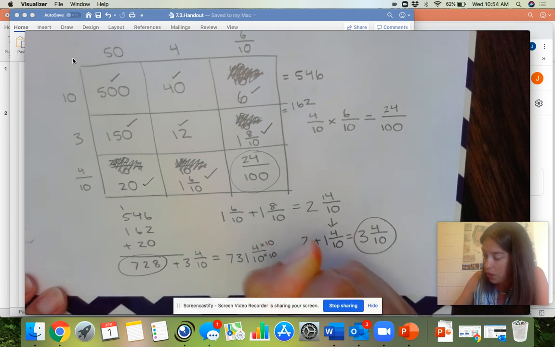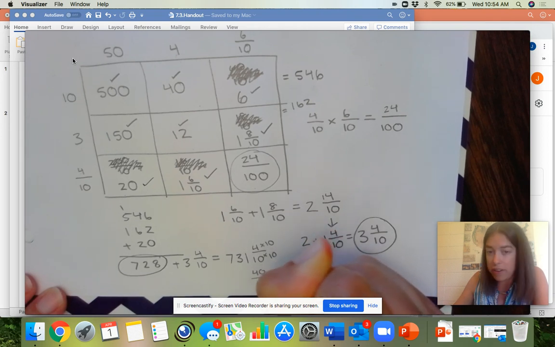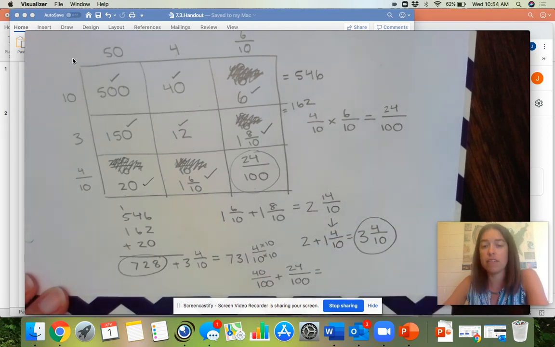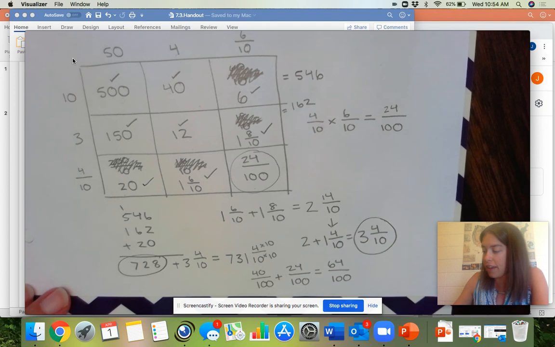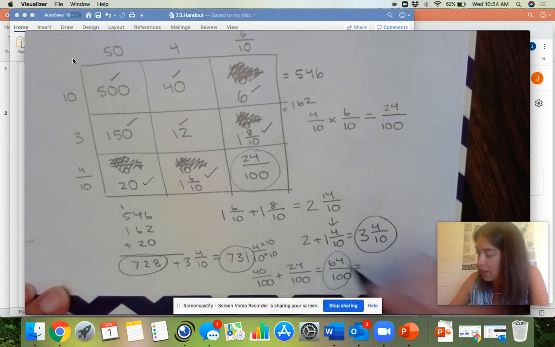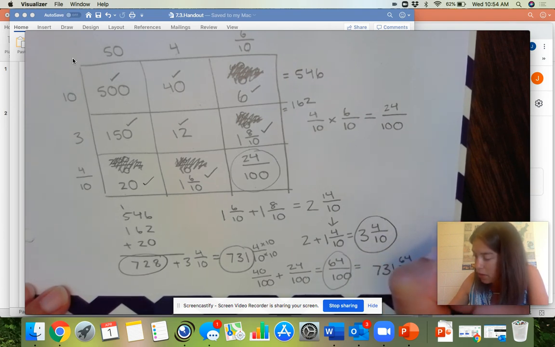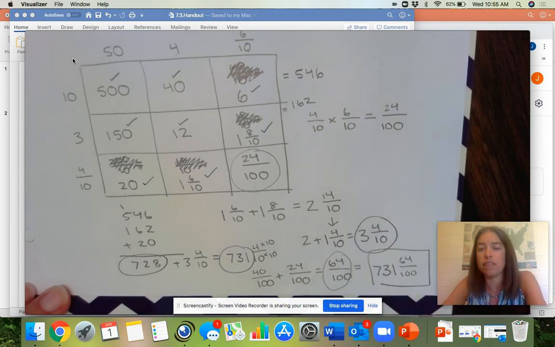When I add 40 hundredths and 24 hundredths, I get 64 hundredths, which means I get a final answer of 731 and 64 hundredths. Whew. Let's go back and check to see, does that match what we got when we used the standard algorithm? 731 and 64 hundredths.